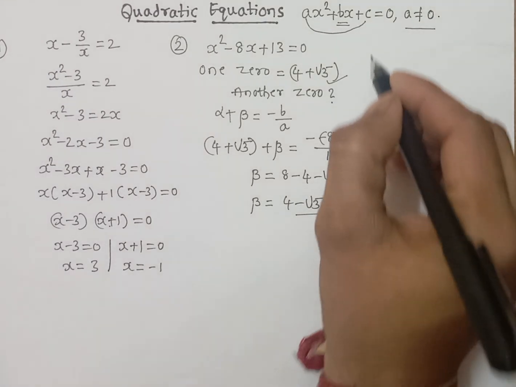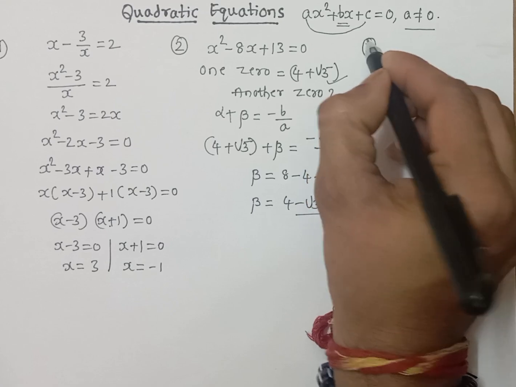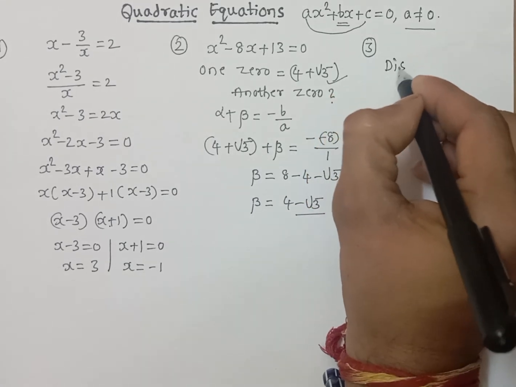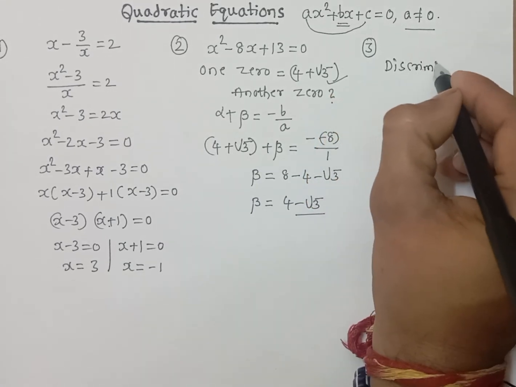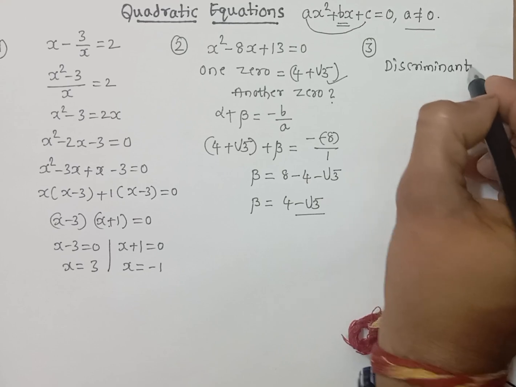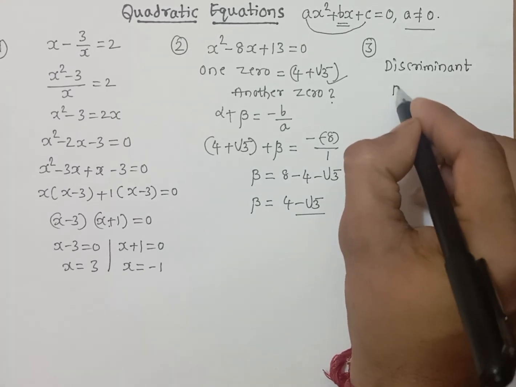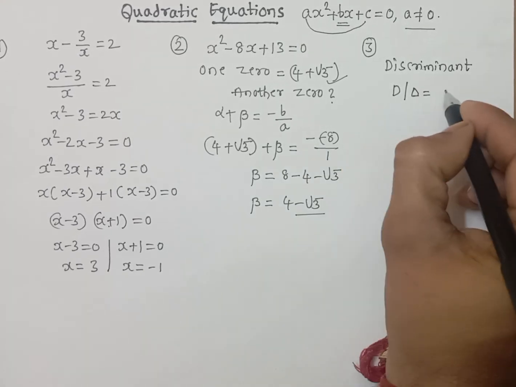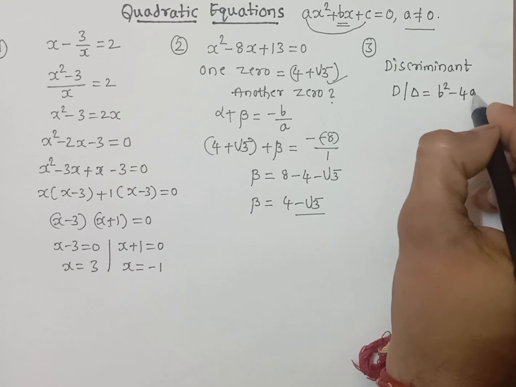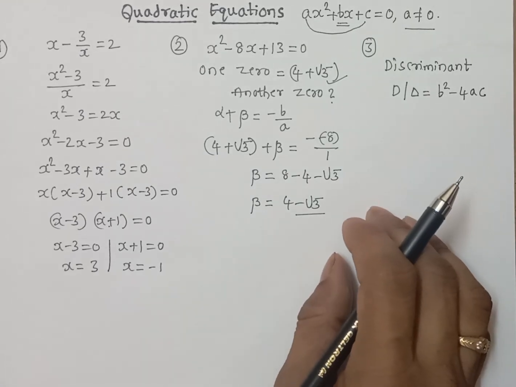Coming to the next topic, based on the discriminant. There may be questions based on the discriminant, which is denoted with D sometimes and delta also, which is equal to b square minus 4ac. We have three conditions here.